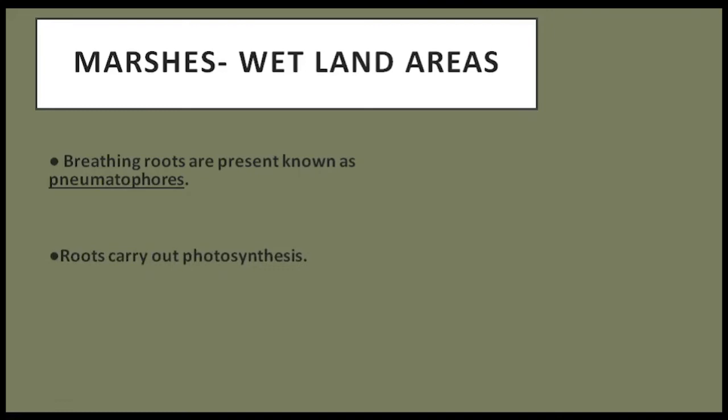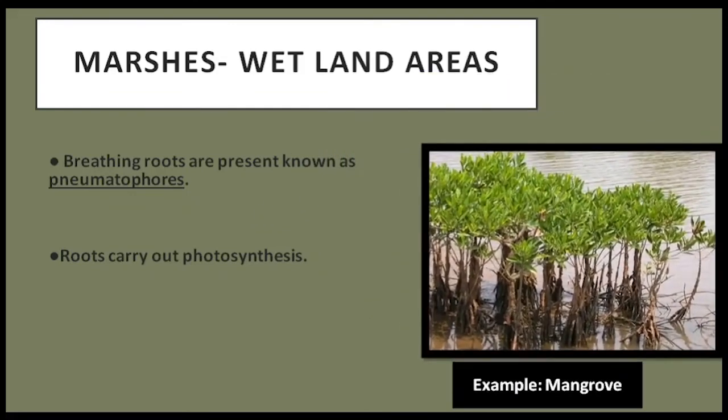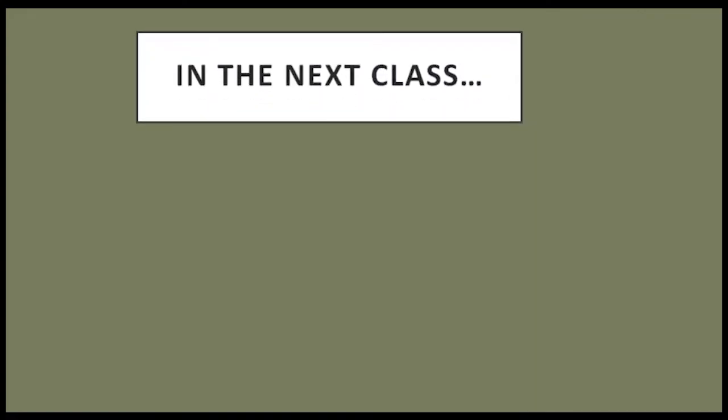The second one is that roots carry out photosynthesis here. Earlier you have studied that leaves prepare food, and stems prepare food, but in the trees found in marshy land, the roots carry out photosynthesis. You can see the picture. The best example of a plant found in this area is the mangrove.